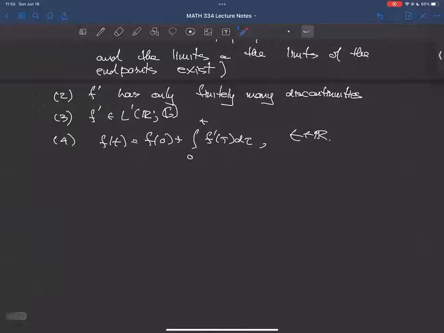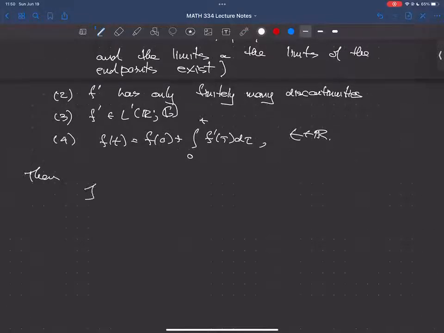If all of that is true, then you get a formula that relates the CCFT of f prime and that of f. The CCFT of f prime at nu is equal to 2 pi i nu times the CCFT of f.